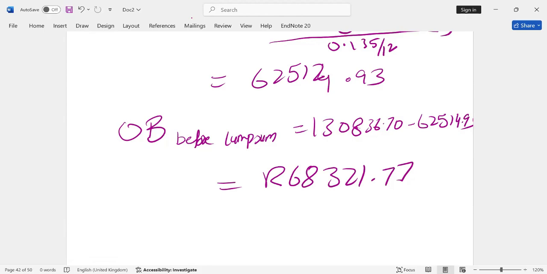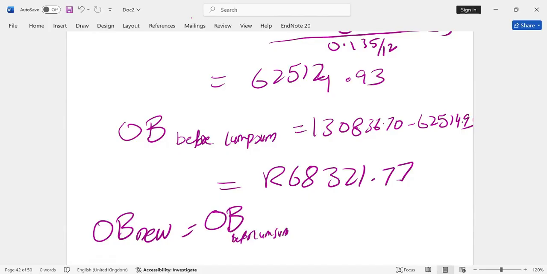What is the new balance? We call it OB new, which equals OB before lump sum minus additional payment.